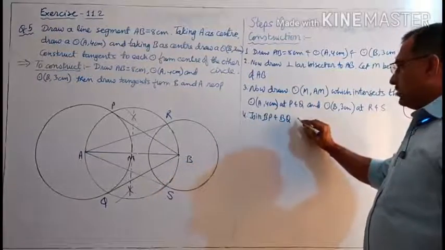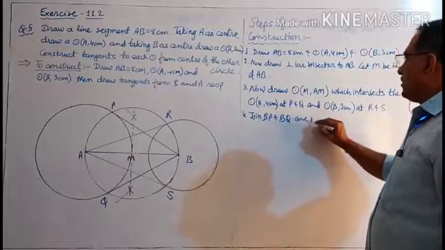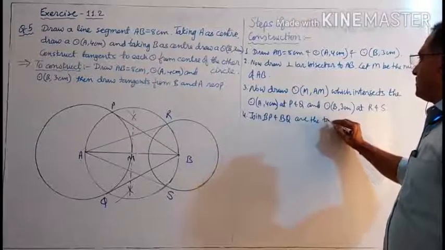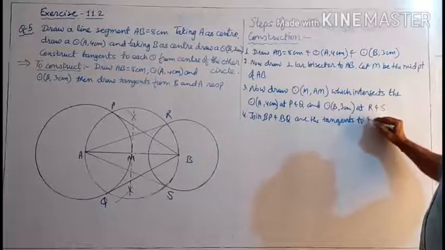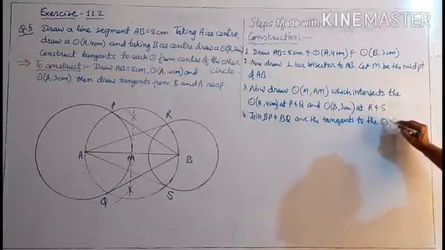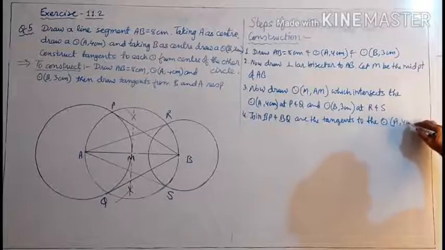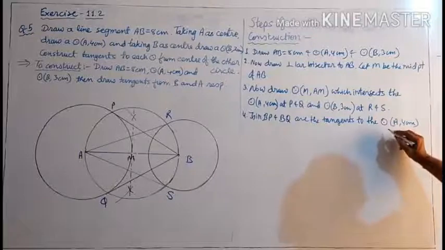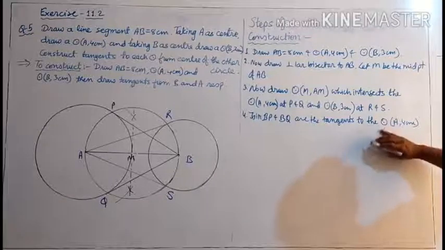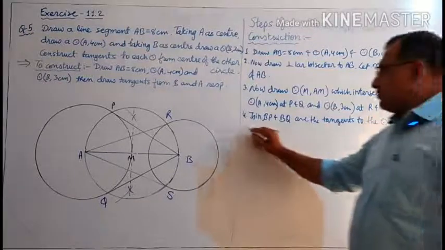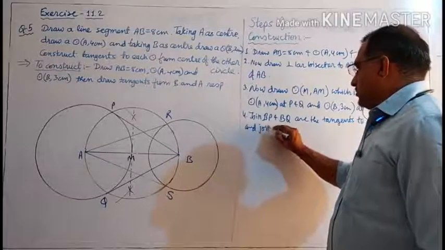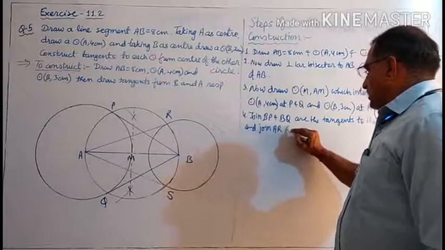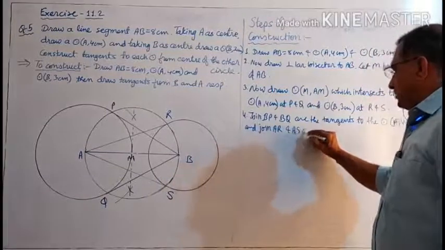BP and BQ are the tangents to the circle with center A and the radius 4 centimeter from point B, and join AR and AS.